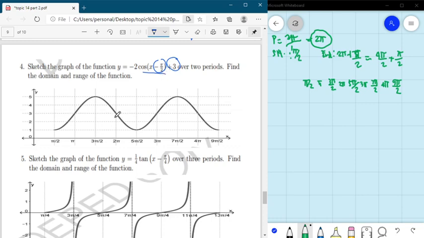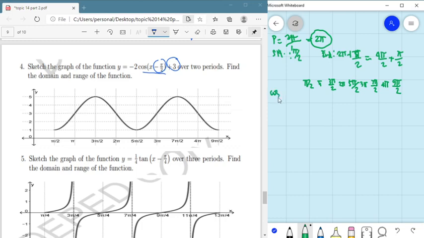Times negative 2. So, we have cosine of x minus pi over 2. First, negative 2 times cosine, and then negative 2 cosine, then plus 3. So, when we subtract pi over 2 minus pi over 2, it's 0.